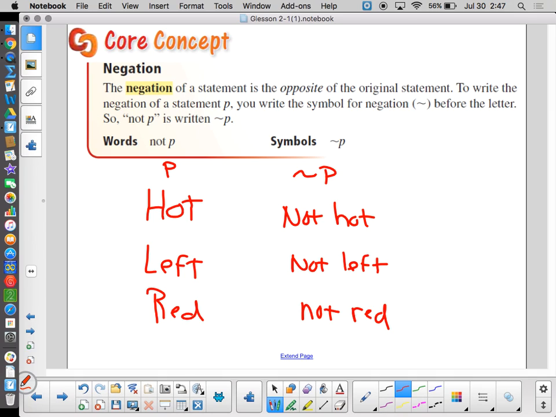Okay, get the idea? So it's not opposites in the traditional sense that you would think of. In fact, I kind of don't like the fact that they use the word opposite here because I think that's confusing. I usually try to make a distinction between the negation and the opposite. So let's kind of ignore that opposite for now and say when we're talking about negation, we're talking about the negation of the statement, not what we traditionally consider the opposite.